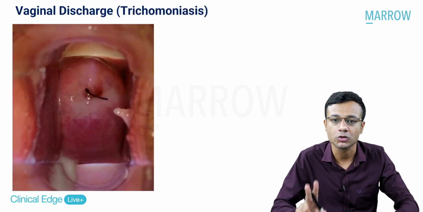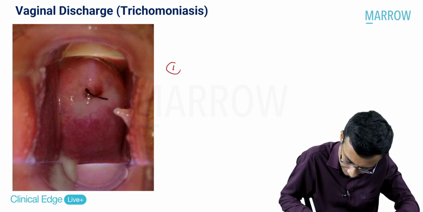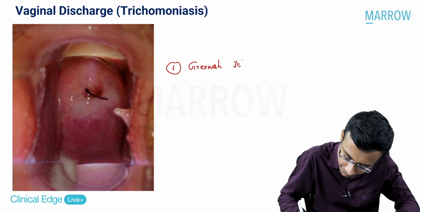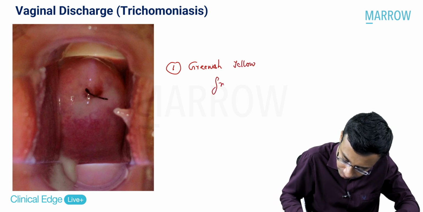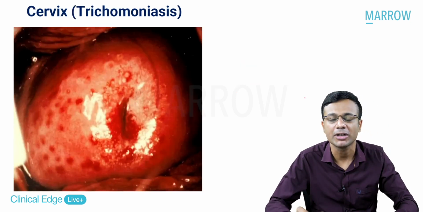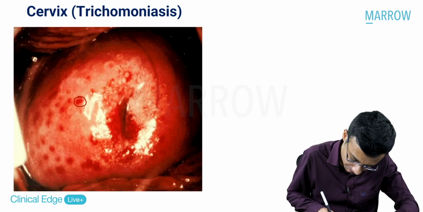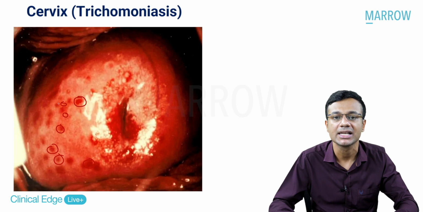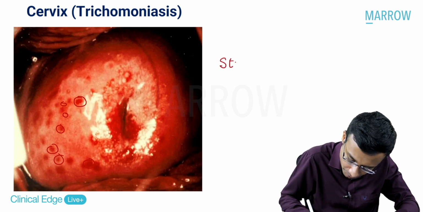Next, we look at trichomoniasis. In trichomoniasis, 2 points to remember. Number one is greenish yellow frothy discharge. Greenish yellow frothy vaginal discharge. One more important cervical finding where you get multiple punctate hemorrhages over the cervix. You can see this multiple punctate hemorrhages over the cervix. This is referred to as strawberry cervix.